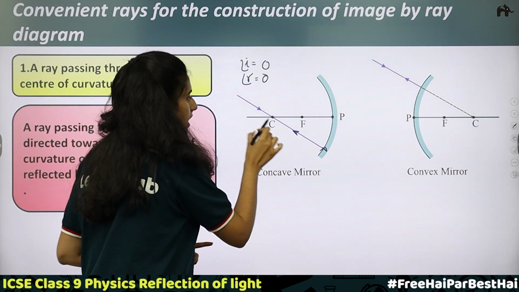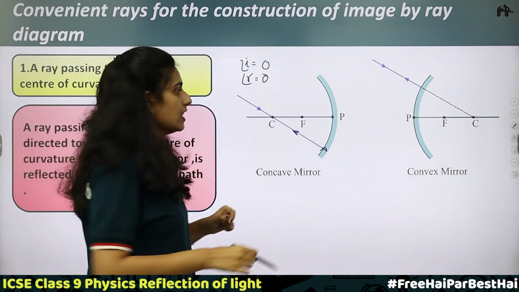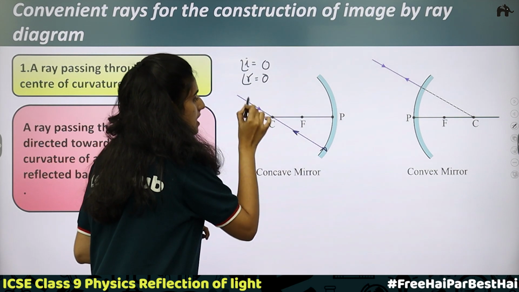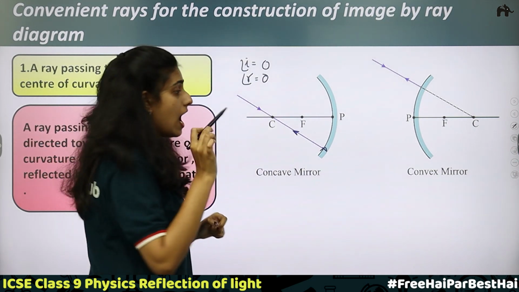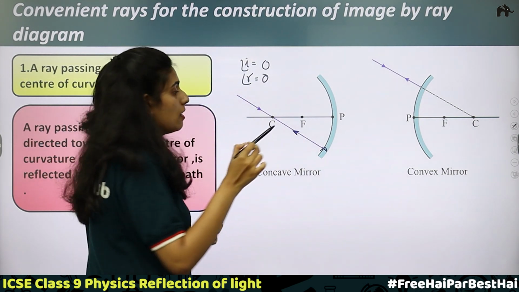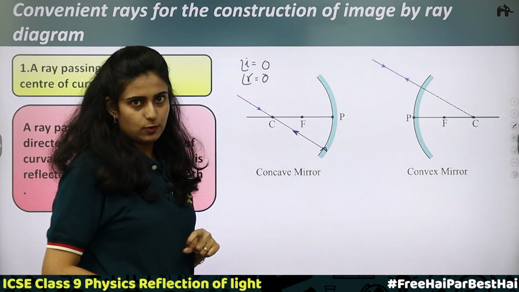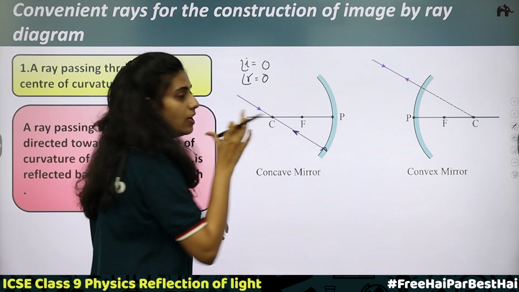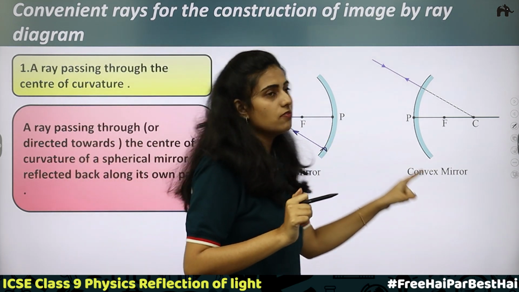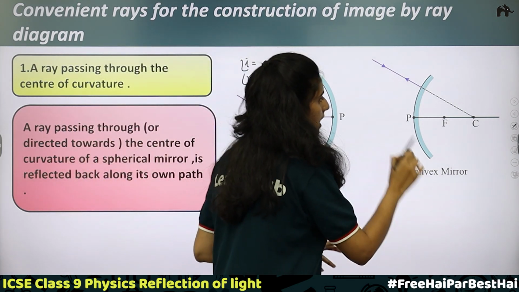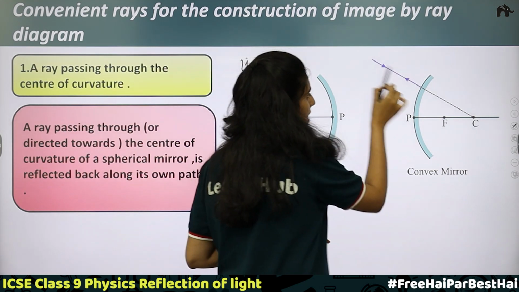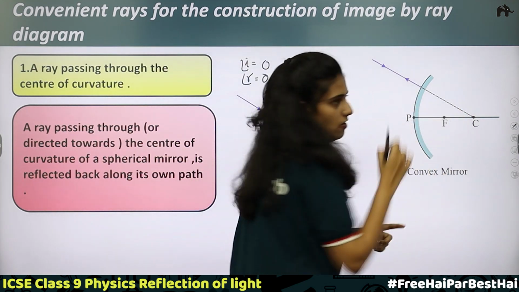So this is the case of a concave mirror: a light ray that is passing through the center of curvature, after reflection, will also pass through the center of curvature. Now, in the case of a convex mirror, a light ray which is directed towards the center of curvature.